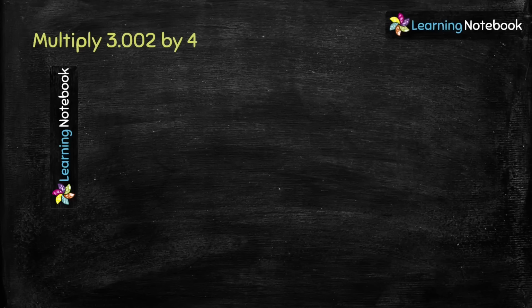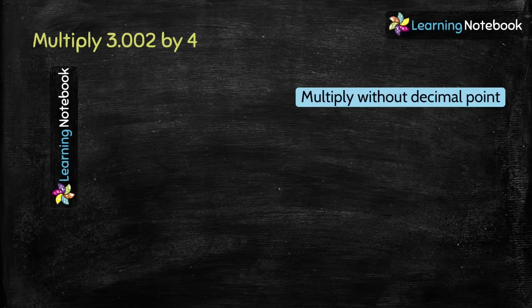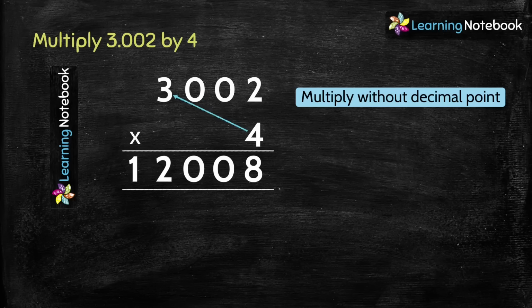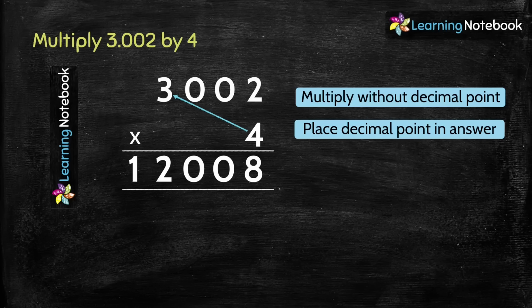The next question is multiply 3.002 by 4. So students, first we will multiply without decimal point. So we will multiply 3002 by 4. We get the product as 12,008. Now we will place decimal point in the answer.